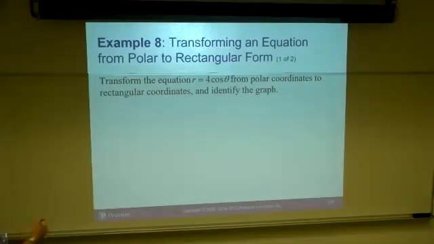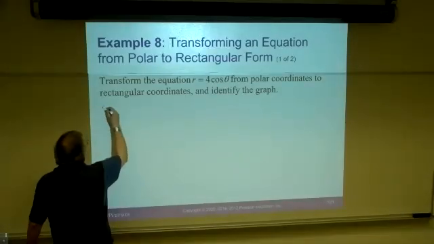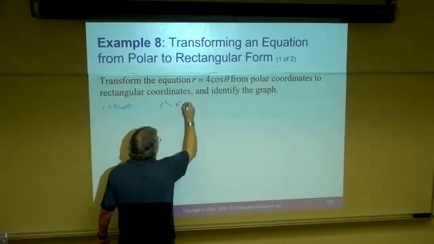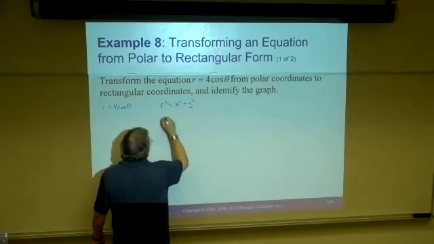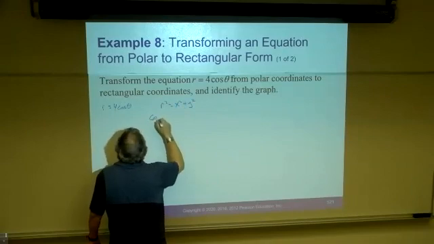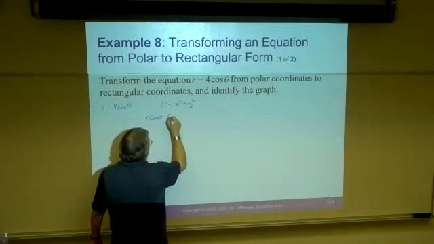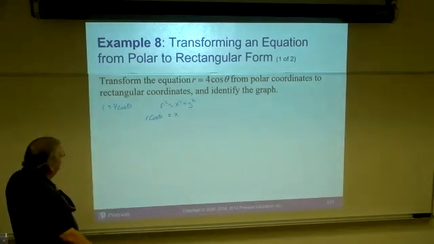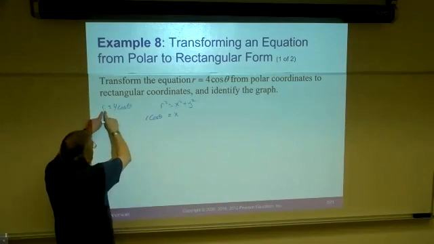So anyway, since we have r equals 4 cosine theta, and I know r squared equals x squared plus y squared, and I know that r cosine theta equals x, then this needs to be squared and this needs to have an r in it.